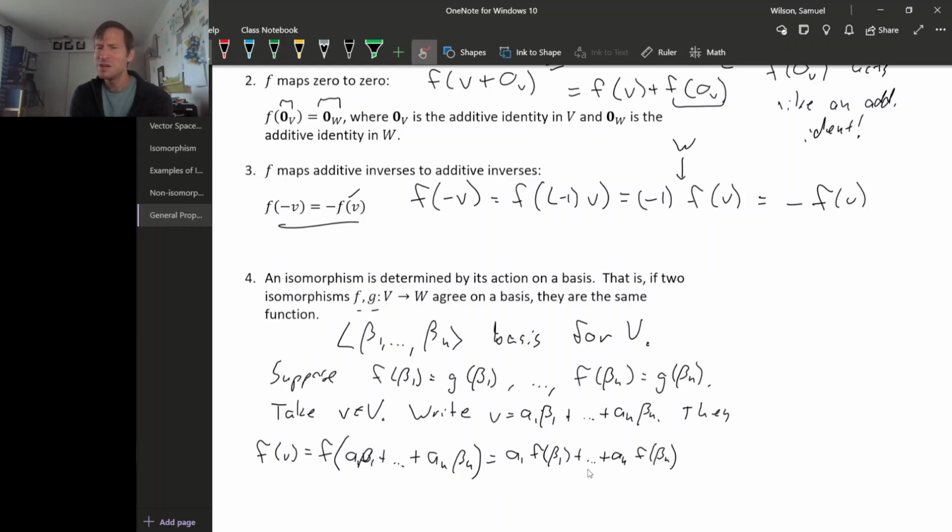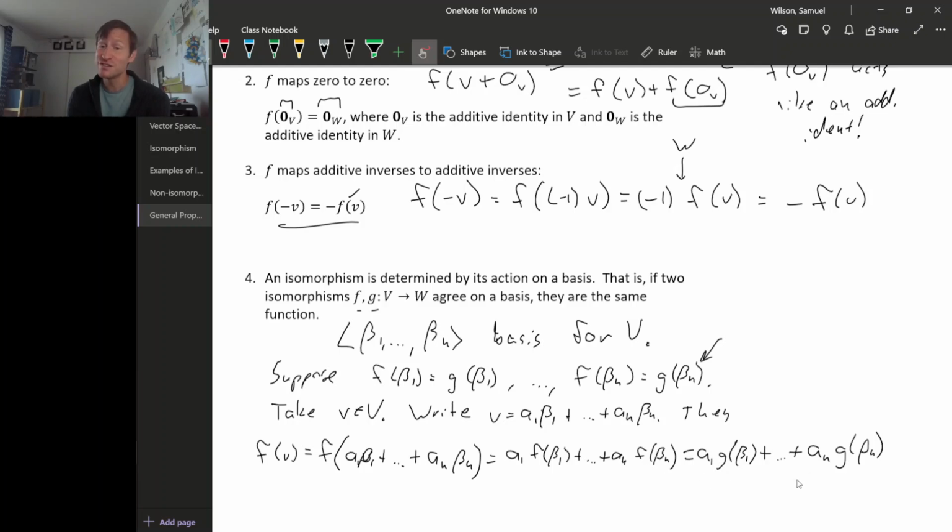But we know right now the only place where f is doing anything is to basis vectors. But we assumed that f and g agree on basis vectors, so we can turn this into a1 g of beta 1, right? Because we assumed f of beta 1 is equal to g of beta 1, so we're replacing equal things here, plus dot dot dot down to an g of beta n.